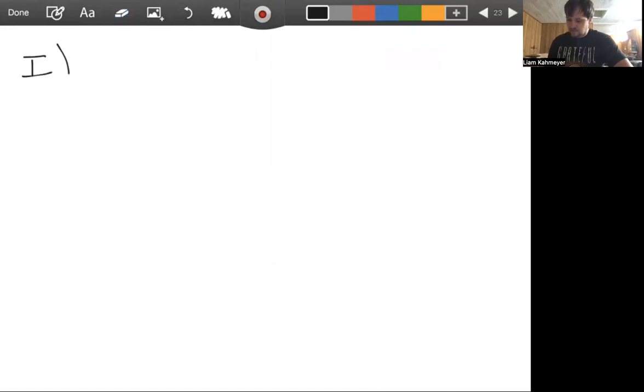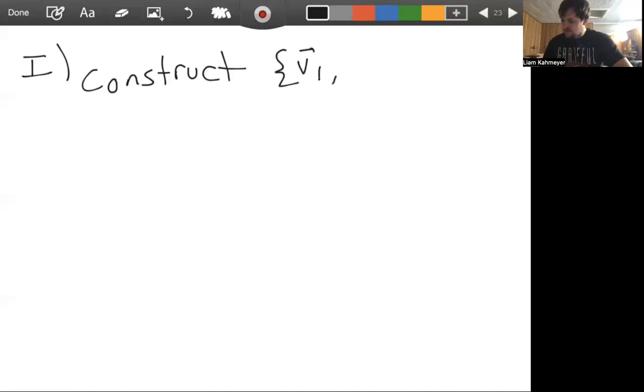The first step is we're going to inductively define a new collection of vectors. So we're going to construct a new set or collection of vectors, v1 through vn, as follows.